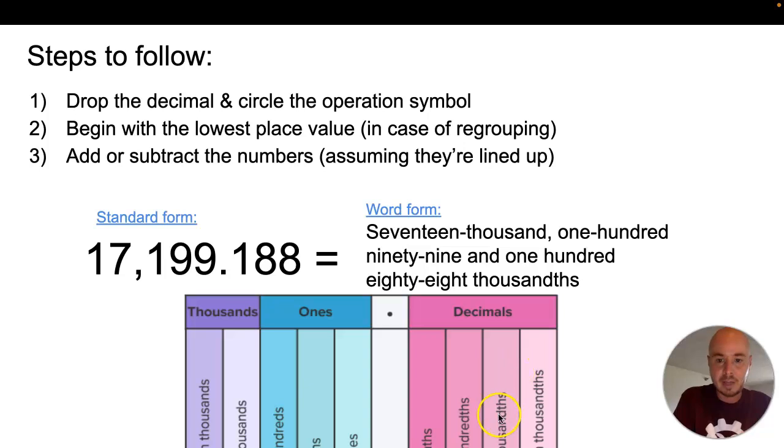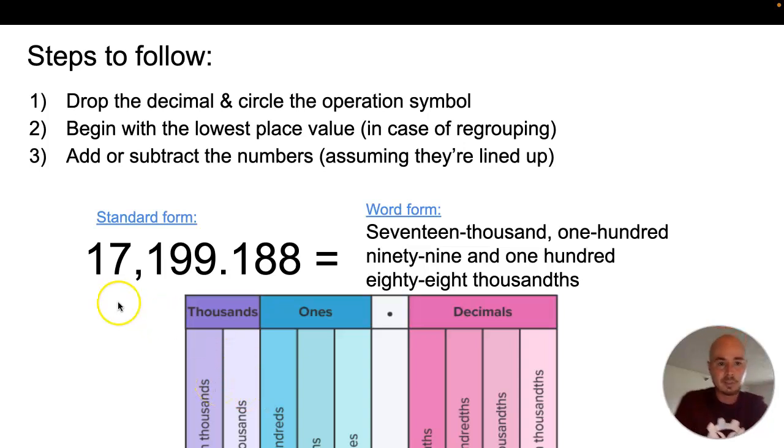Okay, and so the thousandths place is a little bit more value than the 10,000ths place. And the hundredths place is a little bit more than the thousandths. Then we have the tenths. Finally, we're over to the whole numbers with the ones place, the tens place, the hundreds place, thousands, and 10,000s.